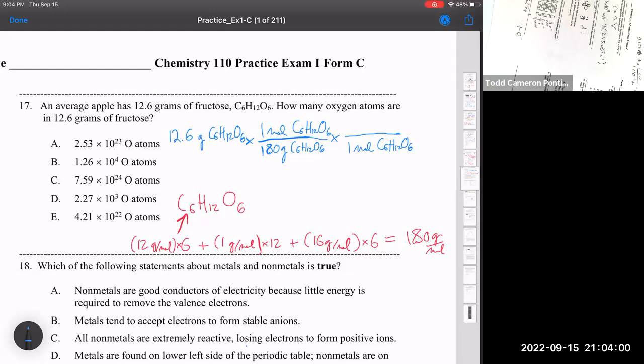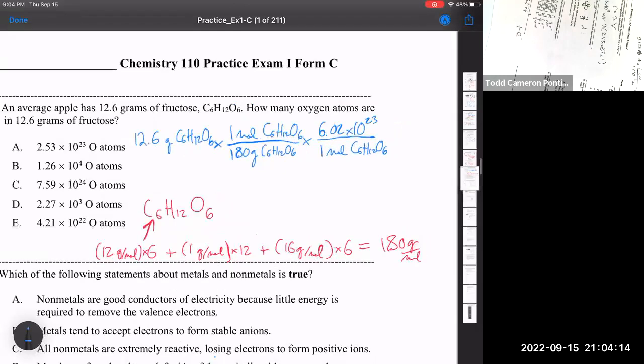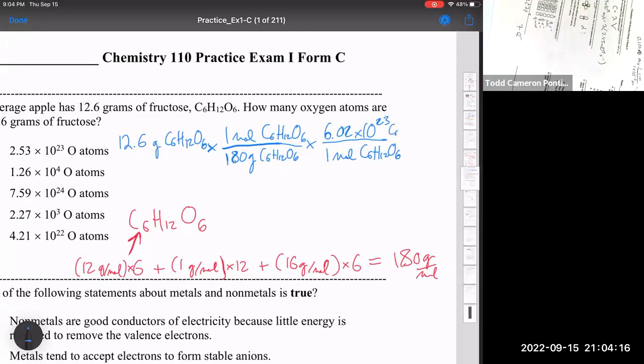A mole always means Avogadro's number of something, which is 6.02 times 10 to the 23rd. Right? So it's 6.02 times 10 to the 23rd C6H12O6 molecules. If the question asks how many molecules, we'd be done, but it specifically wants to know the number of oxygen atoms in this.